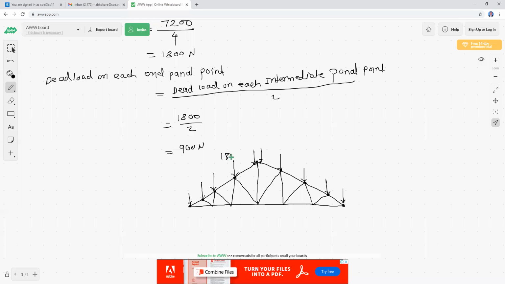So here 1800 Newton, here again 1800 Newton, again here 1800 Newton. This is the end panel point, so here 900 Newton. This is again an end panel point, 900. Here 1800 Newton, again 1800 Newton, 1800 and 900. So this is your dead load.